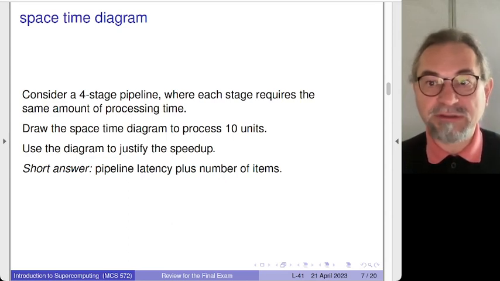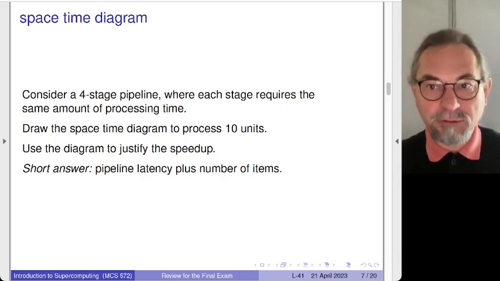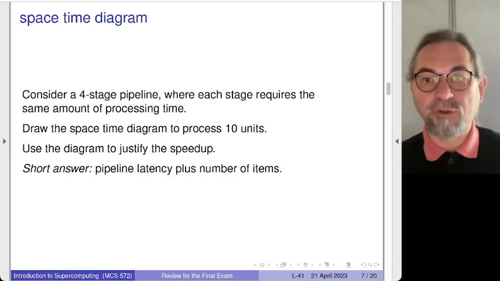Well, the short answer is you apply the pipeline latency. So it takes 3 time units to fill up the pipeline. And after you have filled up the pipeline, you can produce 1 new item per step. So in total, you will need 13 steps. So the speed up is 40 over 13.